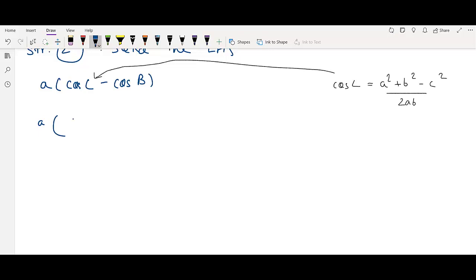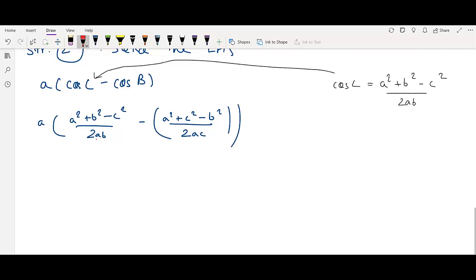Cos C is A square plus B square minus C square upon 2AB, and cos B is A square plus C square minus B square upon 2AC. Now you can see that we have A common in the denominators, so I can take that out common, and the A's will eventually cancel out. So let me just cancel them beforehand.